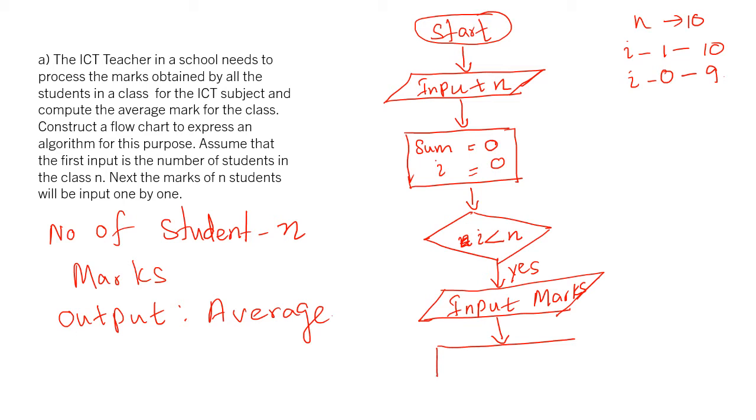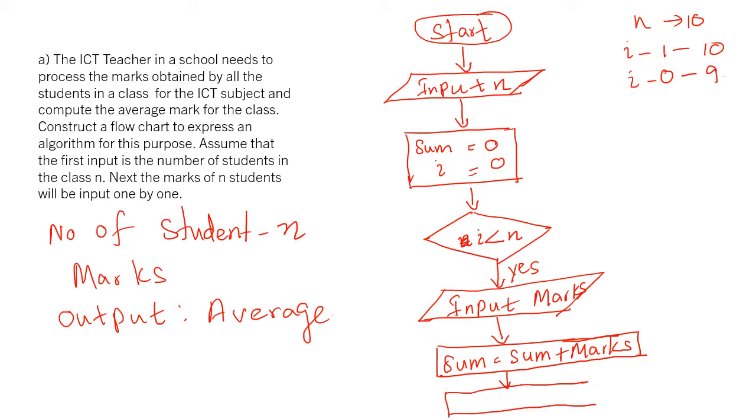So the marks you enter, you add to the total: sum is equivalent to sum plus marks. The marks are added to the total, and the variable we use for that is sum. So the first data item is done. Now the first element, at 0, is done, so you are moving to the next element. The I value should be incremented by 1, so I is equivalent to I plus 1.